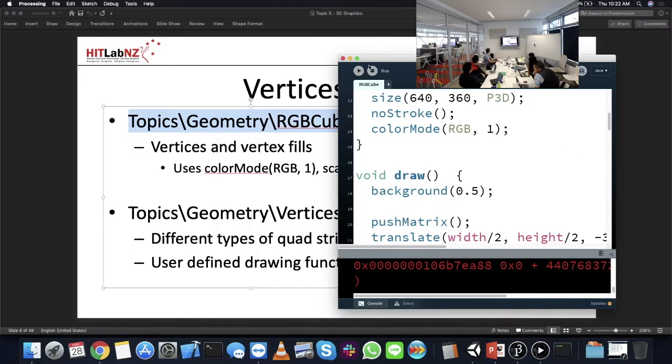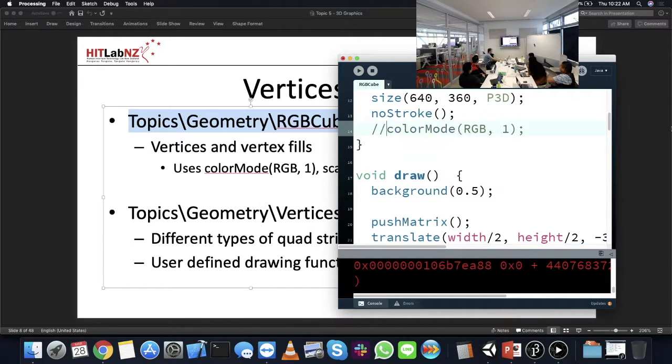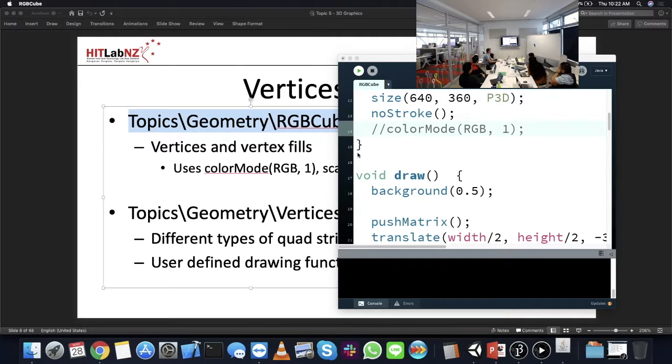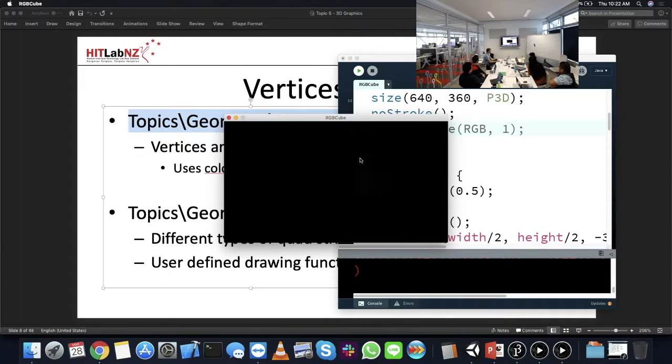If we didn't have that line of code there, it would be expecting the color values to be between 0 and 255, and so our cube doesn't actually appear because all the values are either 0, 0, 0 or 1, 1, 1, which is black and almost black.